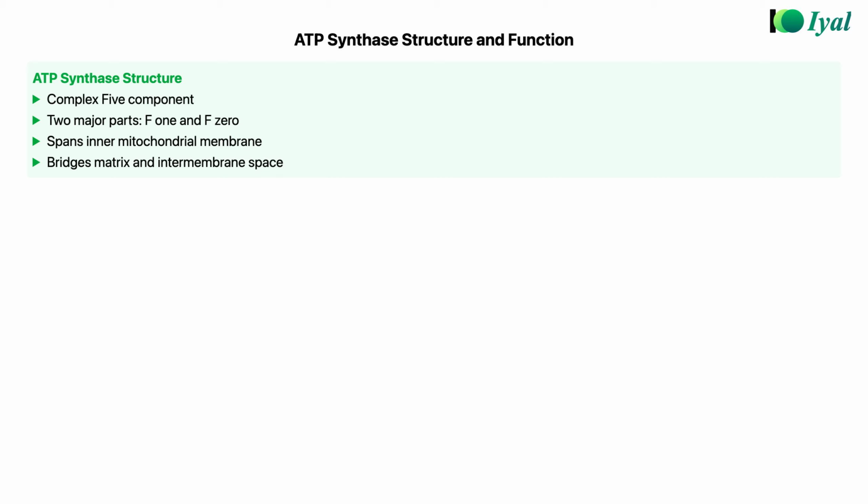Now ATP synthase. This is the actual machine that makes ATP. It is made of 2 parts, F1 and F0. F as in the letter F. F1 and F0, like a molecular engine. And this engine sits on the inner mitochondrial membrane, bridging the matrix and the intermembrane space.